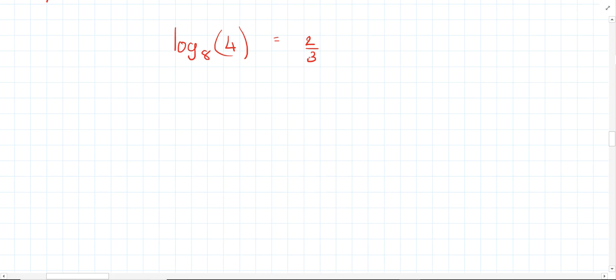And what have we got to do? Exponential form. Okay. Log, sorry, no. 8 to 2/3 is 4. So 8 to the power of 2/3 equals 4. Oh yeah, that makes sense.